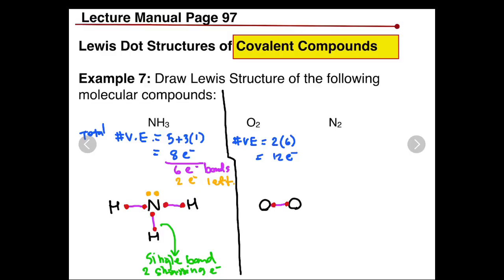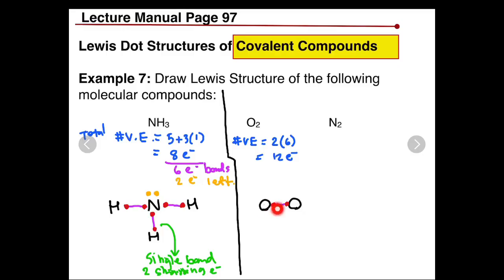If you share 2 electrons, you still have 10 more to go. So what should I do? I can add the rest of the electrons as lone pairs. I can do that as well, so I'm going to go ahead and add those as lone pairs. If I do that, this is what I'm going to have.